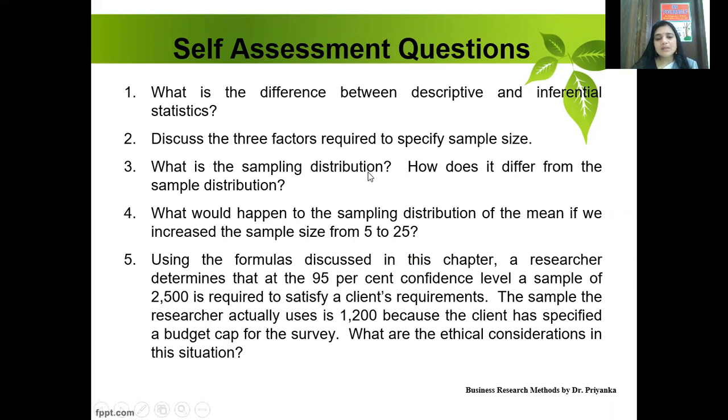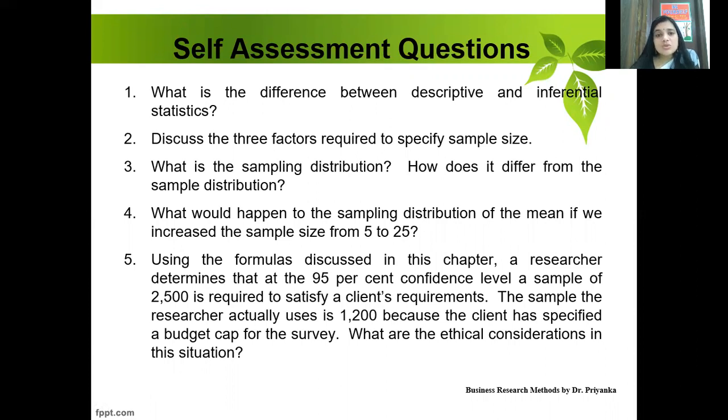Then what is the sampling distribution? How does it differ from the sample distribution? Yes, this is a good question. Sampling distribution is a theoretical probability distribution that shows the functional relationship between the possible values of some summary characteristic, such as mean of n cases drawn at random, and the probability associated with each value over all possible samples of size n from a particular population.